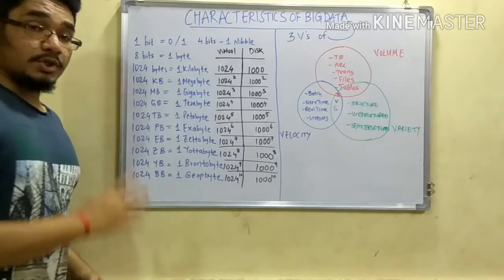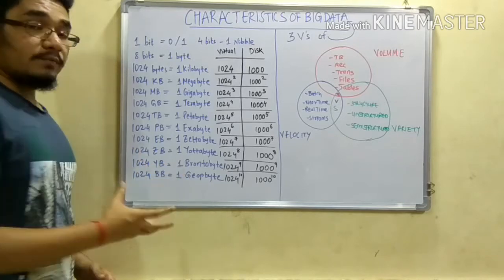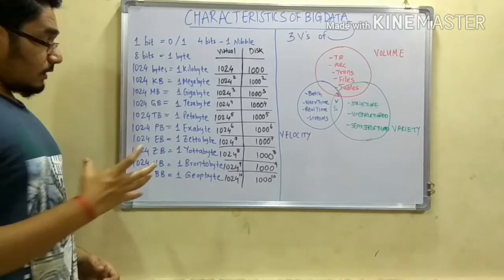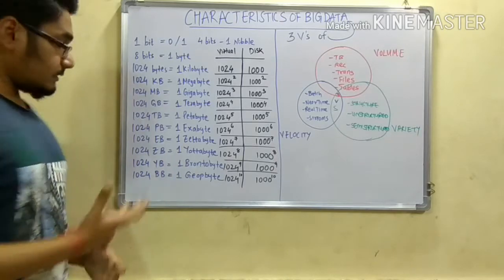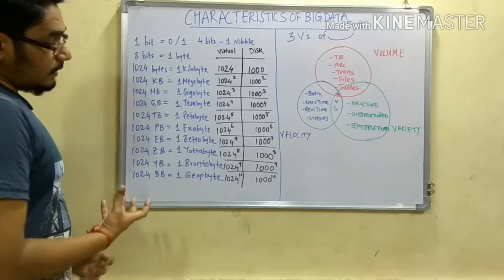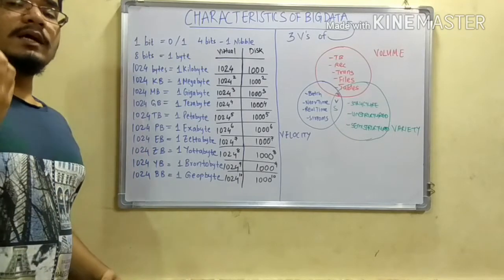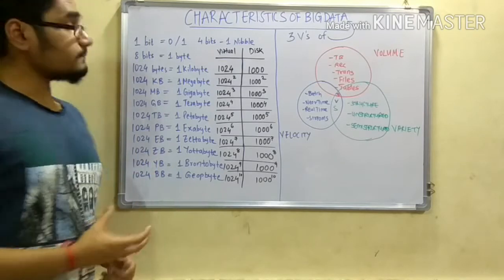This geobyte is the maximum volume of data recorded till now. Beyond this the data size also exists, but measurements are available only up to the geobyte. So in big data, while calculating data, we consider up to the geobytes.